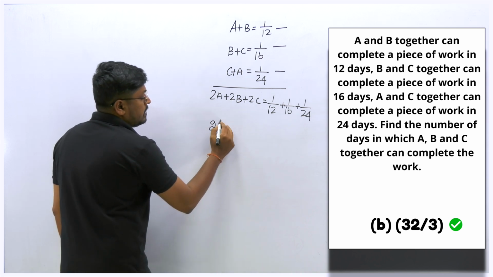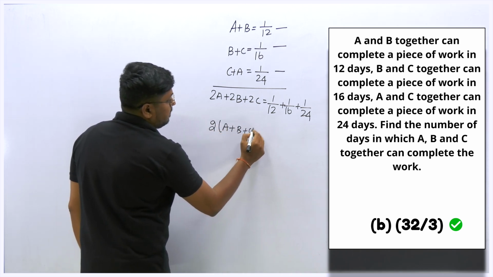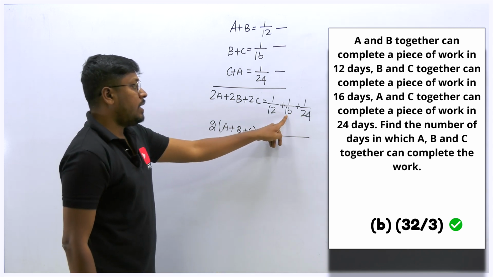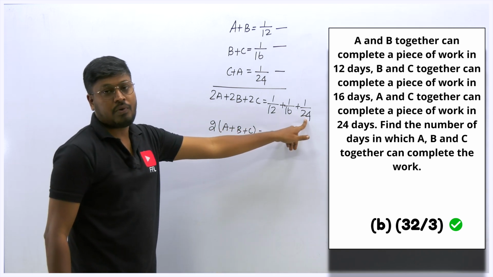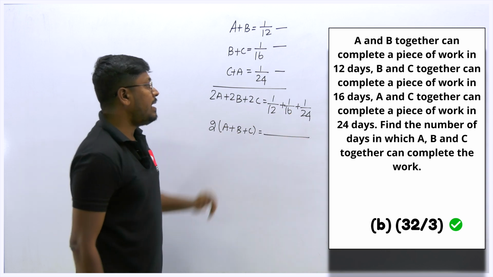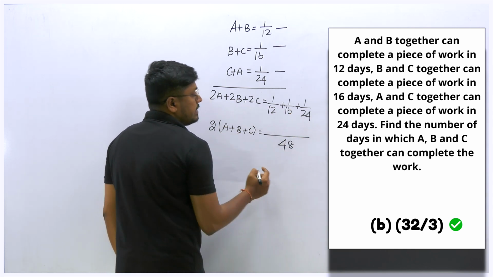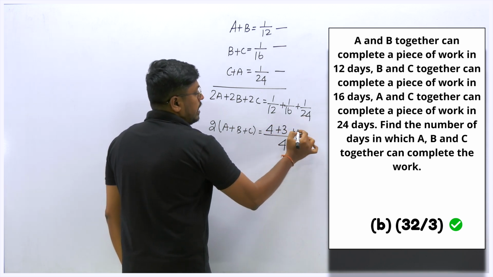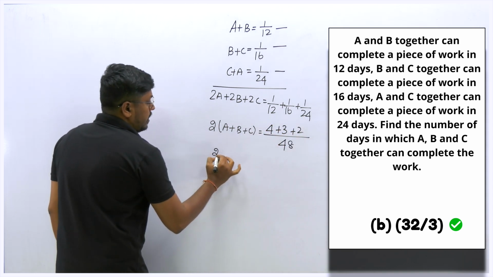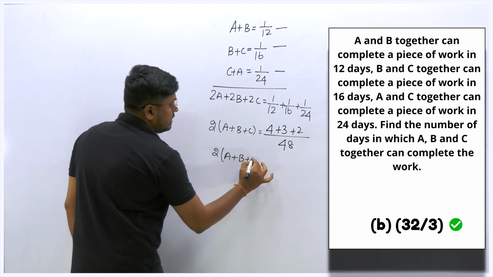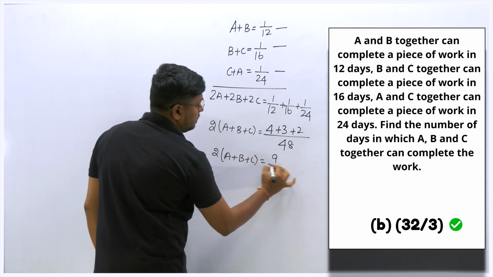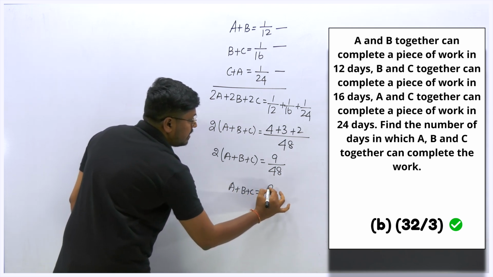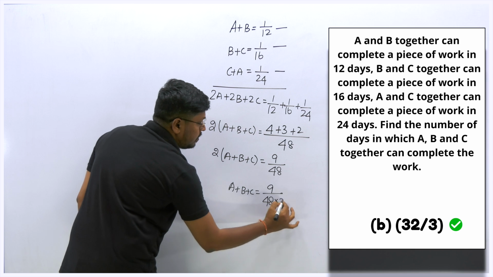So we can take 2 outside: a plus b plus c, and similarly the LCM here. 24 is not divisible by 16, so 24 into 2, which is 48. 48 is divisible by 12 and 16, so we can say 48 is the LCM. 12 4s are 48, 16 3s are 48, 24 2s are 48. So a plus b plus c is equal to 9 divided by 48 into 2.